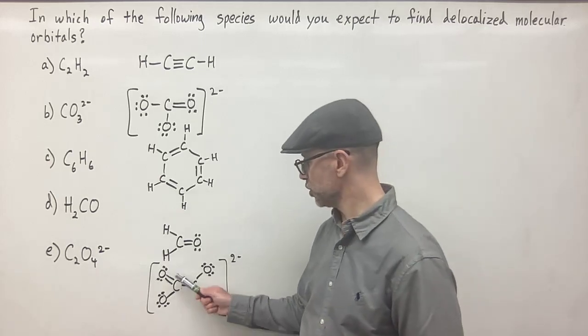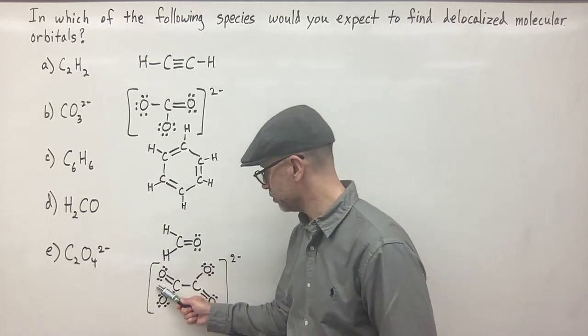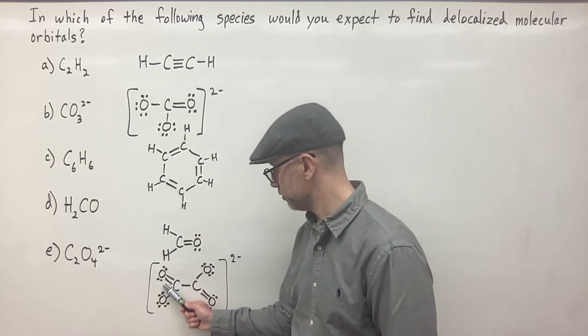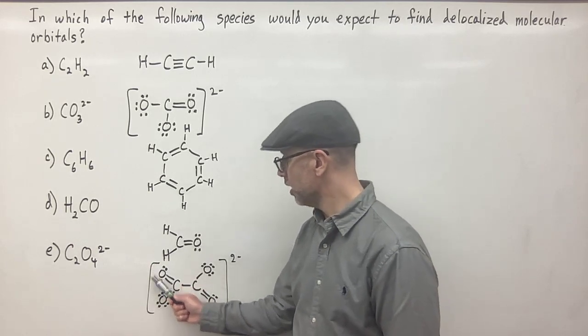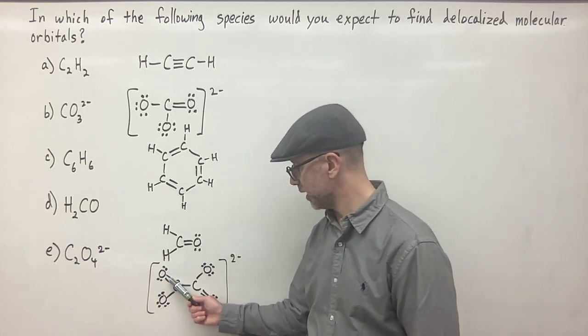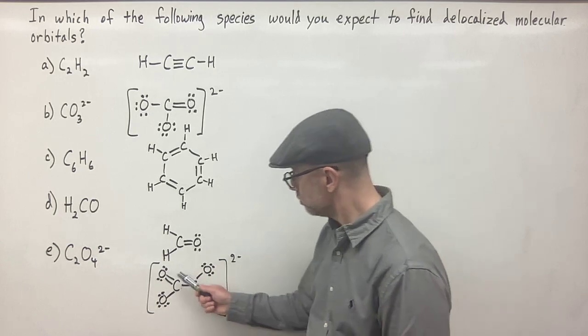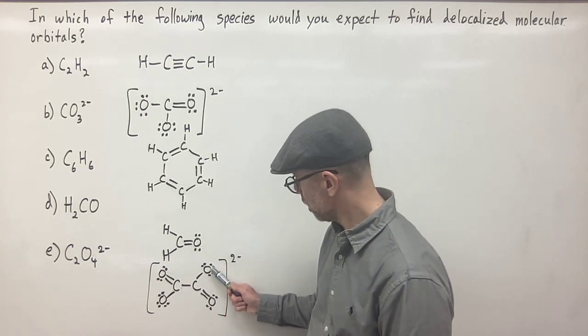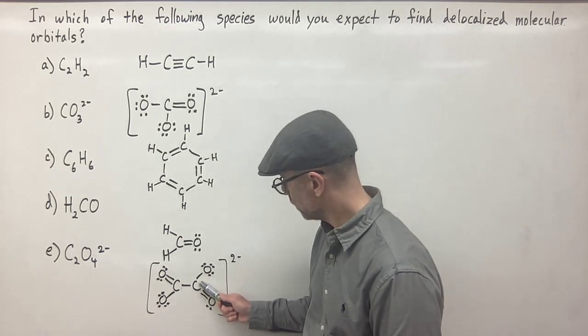That's not possible. So one of the pairs of electrons in one of the bonds here would have to be pushed onto the oxygen here, giving you 3 lone pairs and a single bond here. Or you could have one of the lone pairs here form a double bond here.